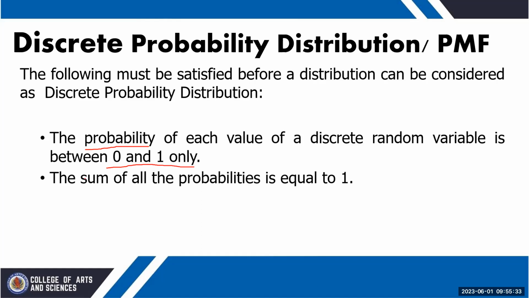Okay? And also, you need to remember that the sum of all your probabilities is always equal to 1. Yun lang yung i-remember nito. Na di pwedeng makakuha ng probability ng mas malaki or mas maliit kay 0 and 1. Also, the sum of your probabilities should be exactly equal to 1.